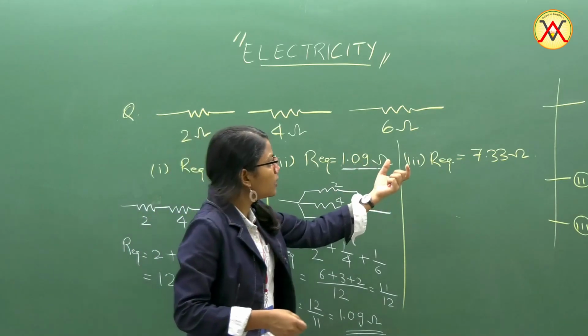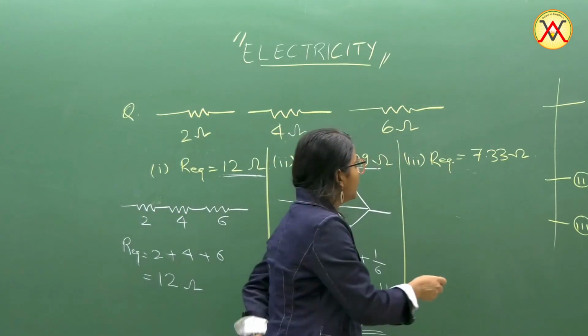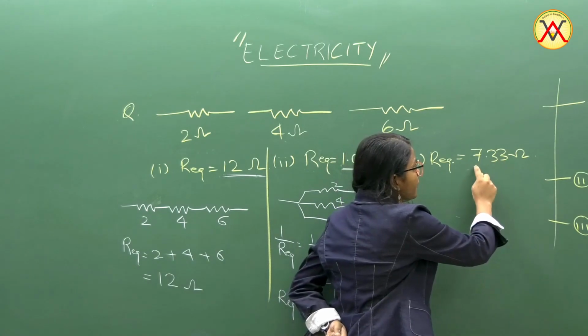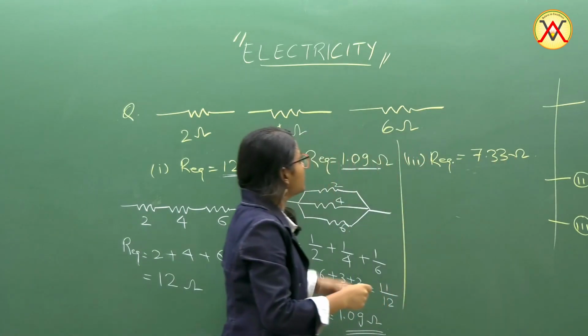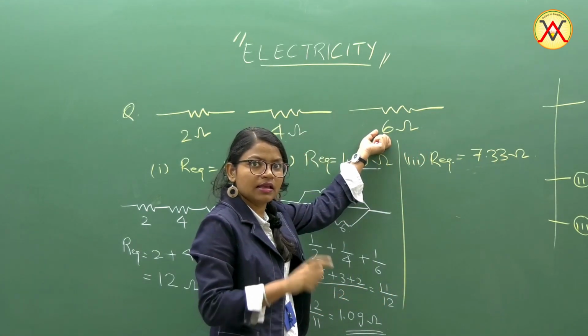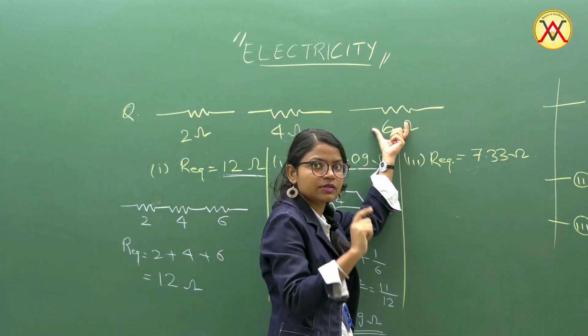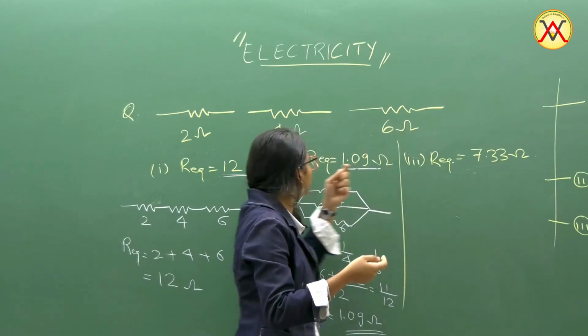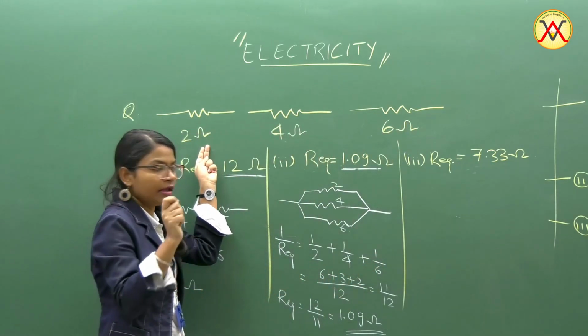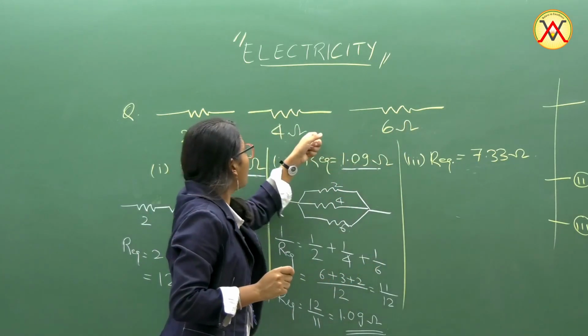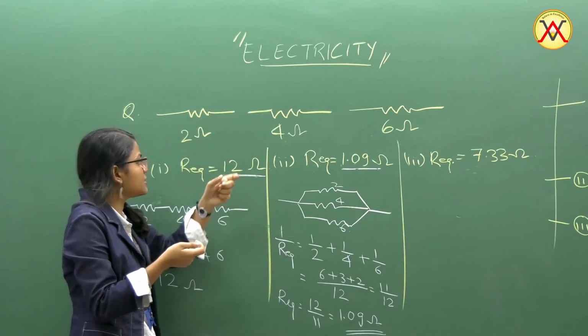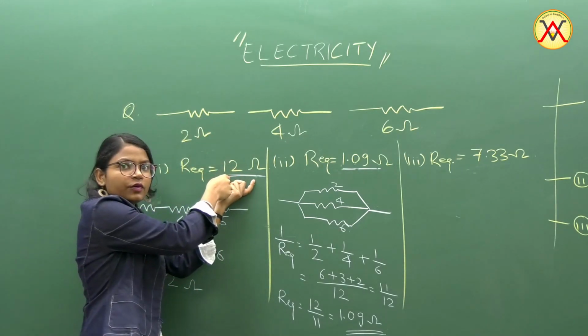Exactly. Now come to this question. 7.33. This is again greater than the maximum resistance. That means it is for sure that the 6 ohm resistance will be in series. But what about these two? It is obvious, if all these three had been in series, then our result would have been 12 ohm.